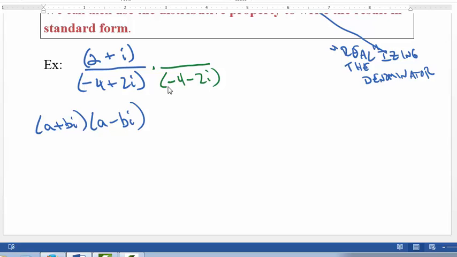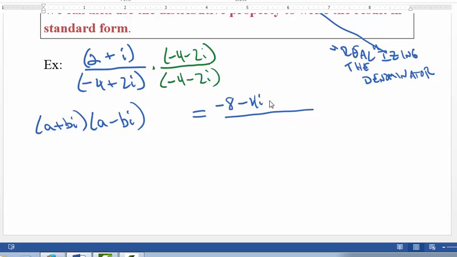But since you do it to the denominator, you've got to also do it to the numerator, because you're multiplying by a form of 1, which would be legal, right? So what happens here now is the numerator is going to be a standard multiplication problem. So 2 times -4 is -8. 2 times -2i is -4i.